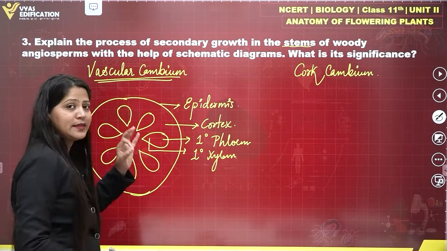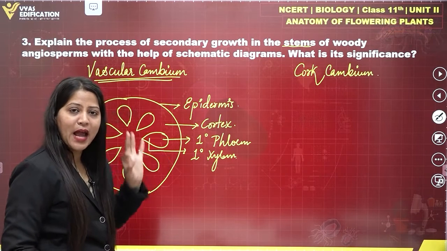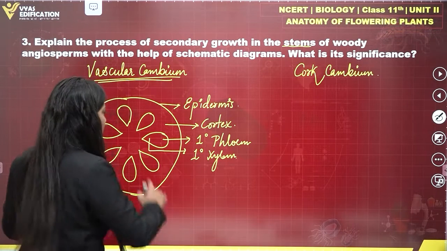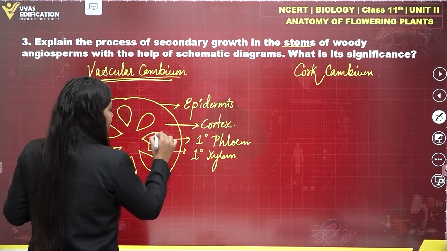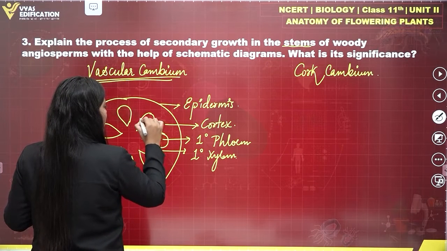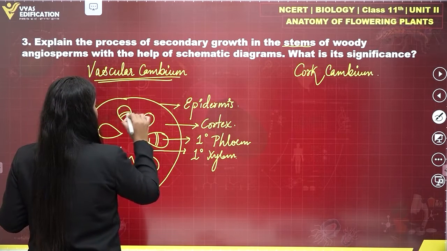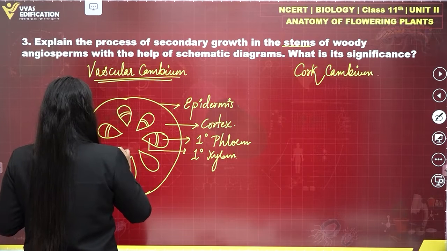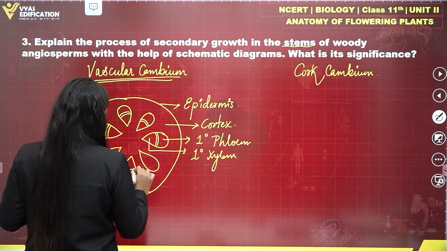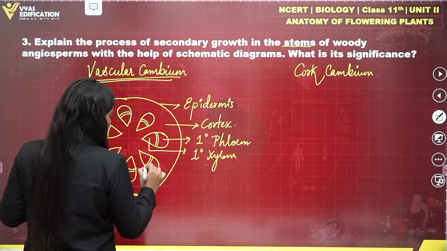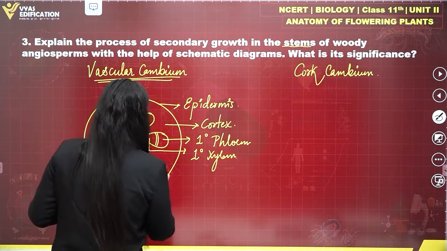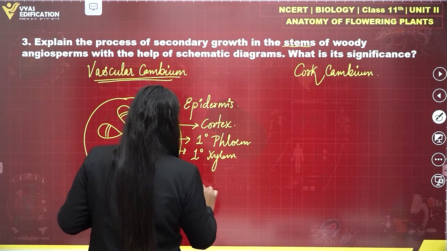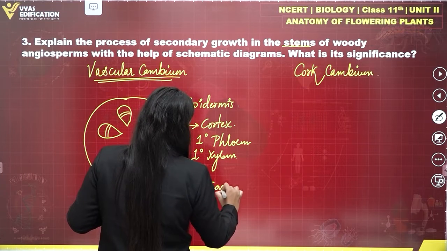Now you will see the rings between primary xylem and phloem in these bundles. These are cambium rings, so we'll label this as Cambium.